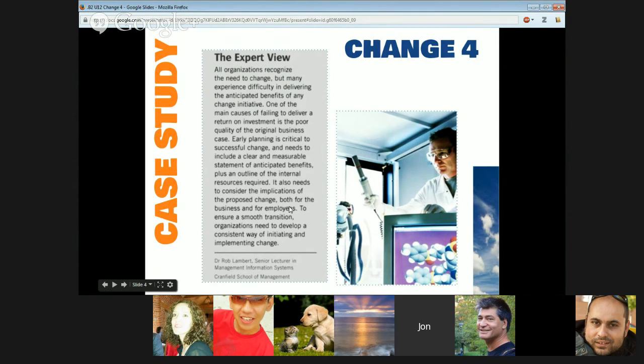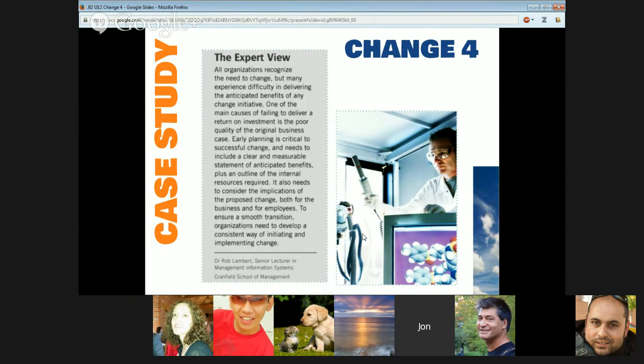Okay. The expert view. All organizations recognize the need to change, but many experience difficulty in delivering the anticipated benefits of any change initiative. One of the main causes of failing to deliver a return on investment is the poor quality of original business case. Early planning is critical to successful change, and needs to include a clear and measurable statement of anticipated benefits, plus an outline of the internal resources required.